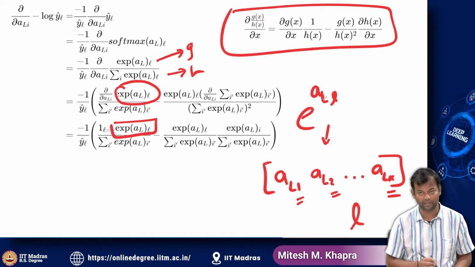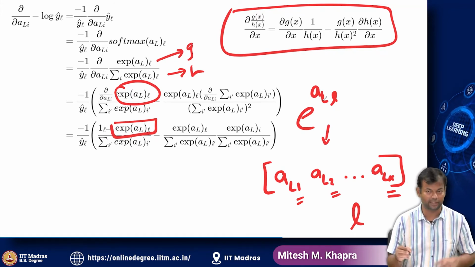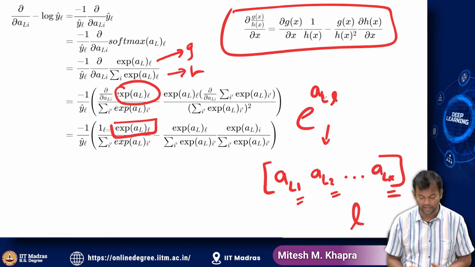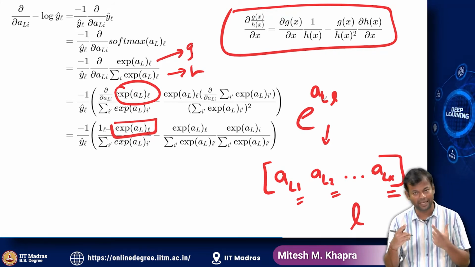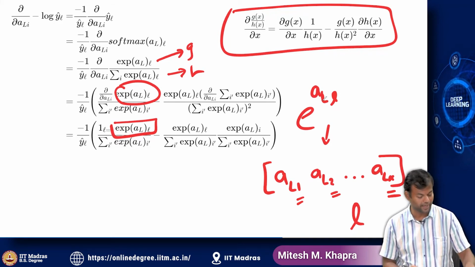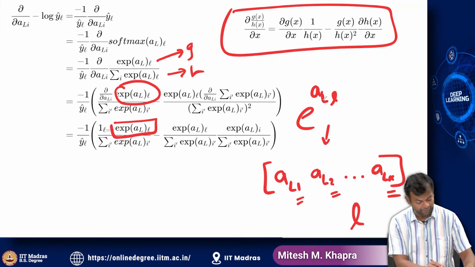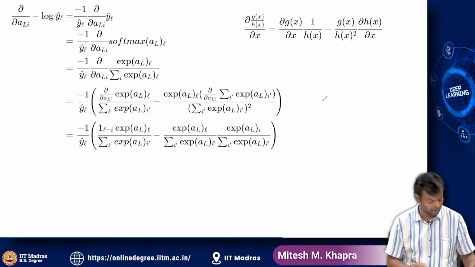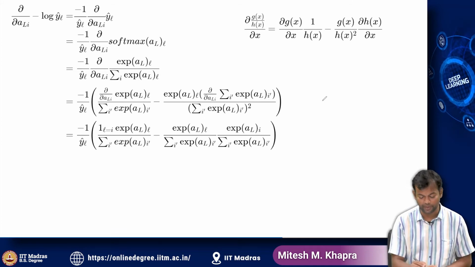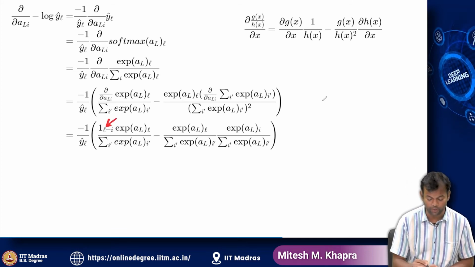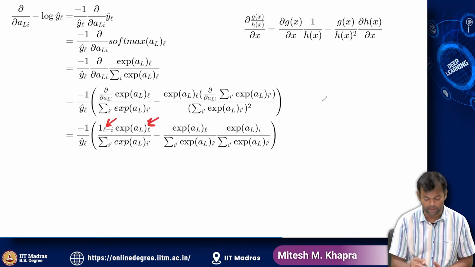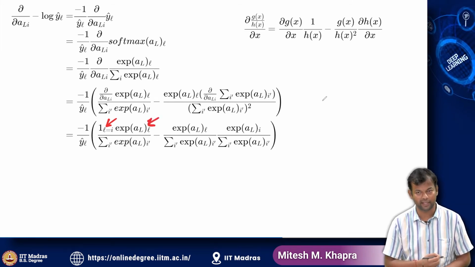You understand what I'm calling e raised to x. The derivative of e raised to x with respect to x is e raised to x itself. Here instead of x, we just have a_li. So if l is equal to i, then the derivative would be e raised to this quantity, otherwise it would be 0, hence the indicator variable.